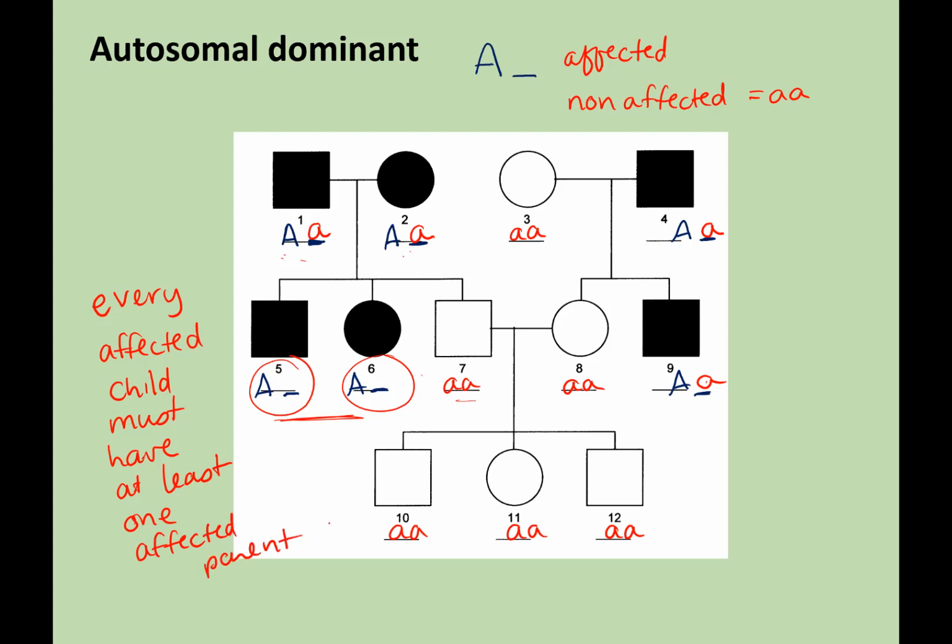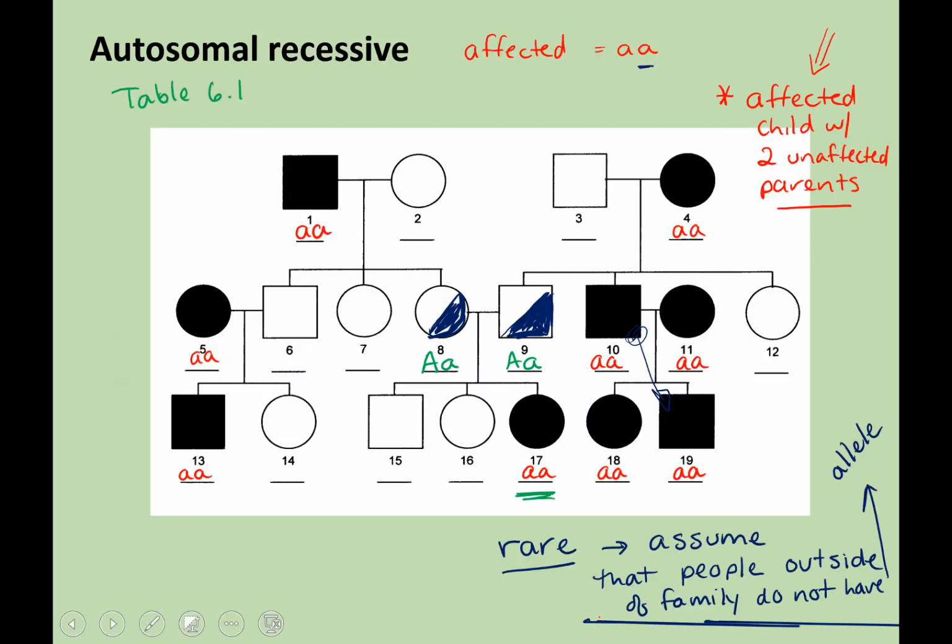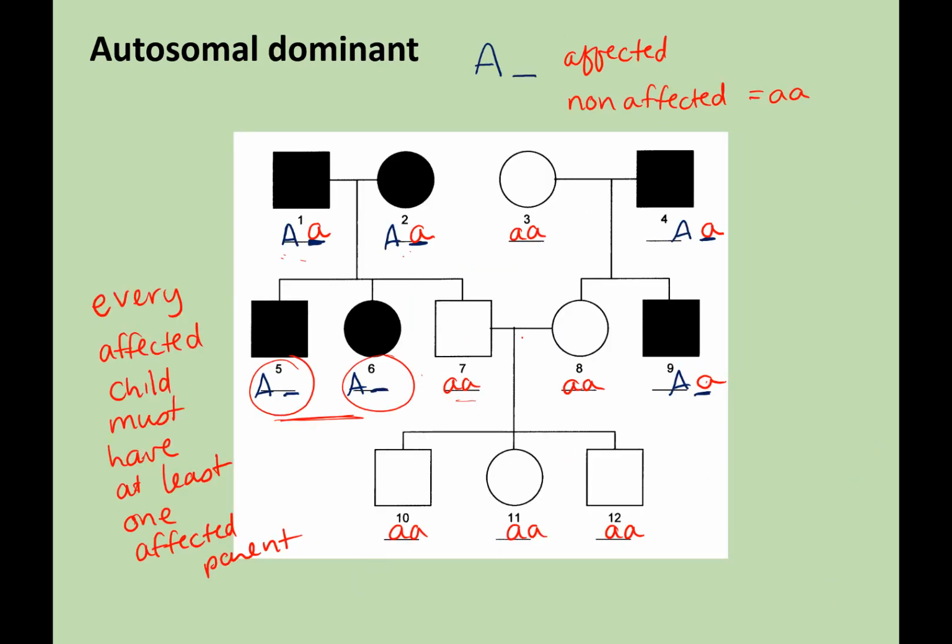Right? So it can't be a surprise because it's dominant, so the parents are going to show. So again, in this example of autosomal recessive, this would tell you it's not dominant because you have an affected child with two unaffected parents. So again, I always start at the bottom and start looking up to compare child with what their parents have.